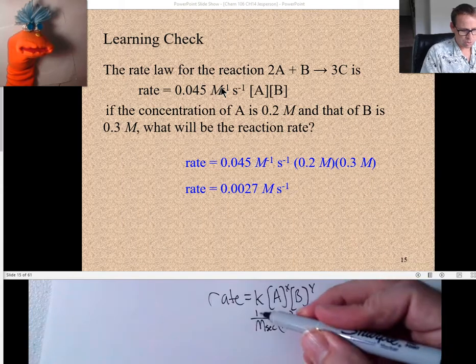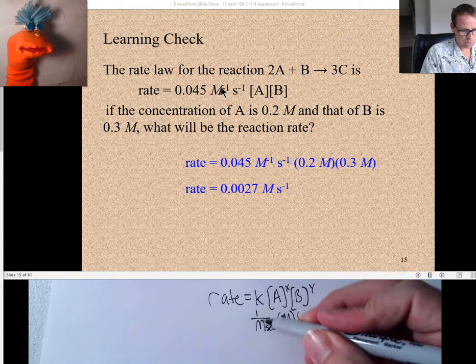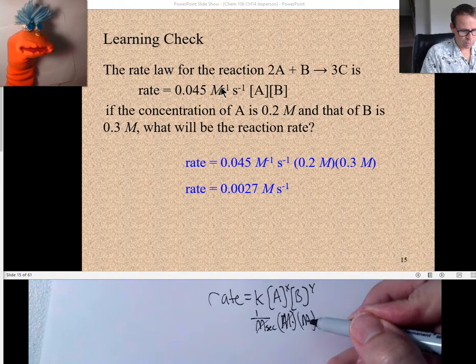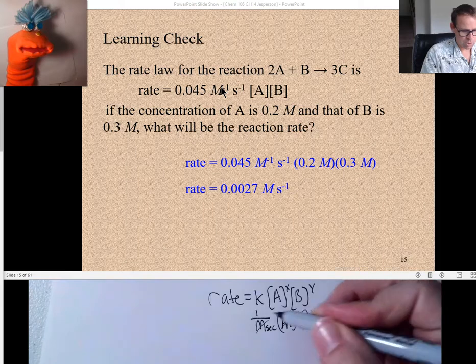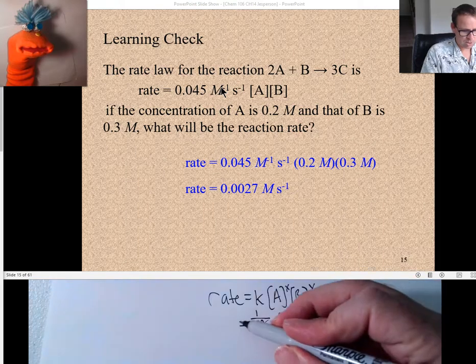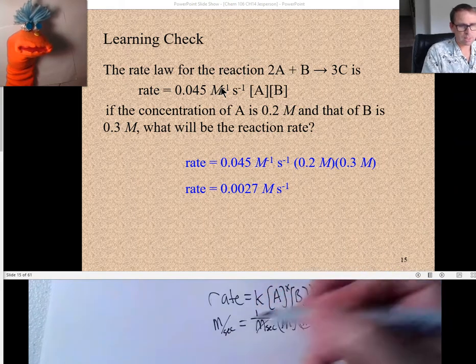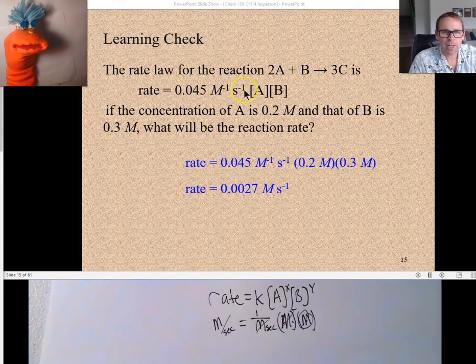So molar times molar per second, cancel out. And we have molar that's going to be on top, and then per seconds. So again, the units for the rate are going to be molar per second. And the units for k will change based on the rate law. But given the rate law, you can know how fast a chemical reaction will occur.